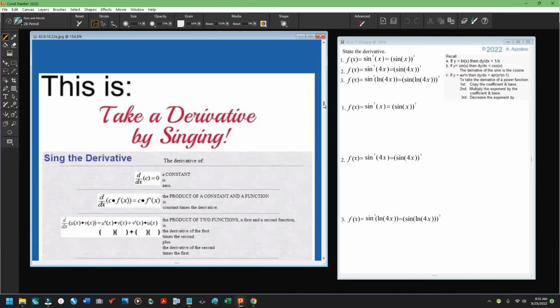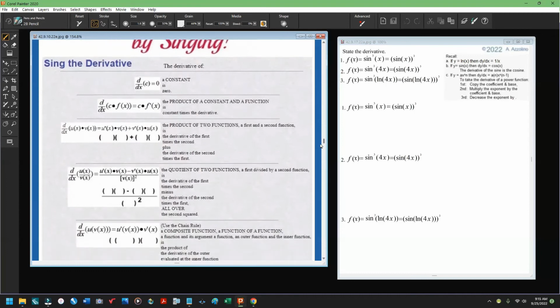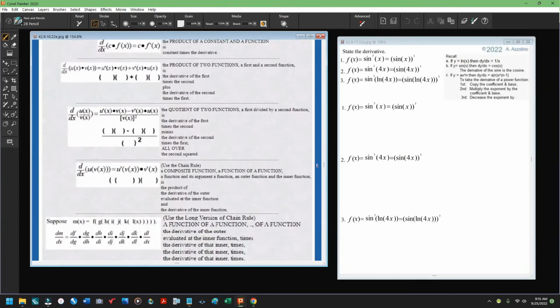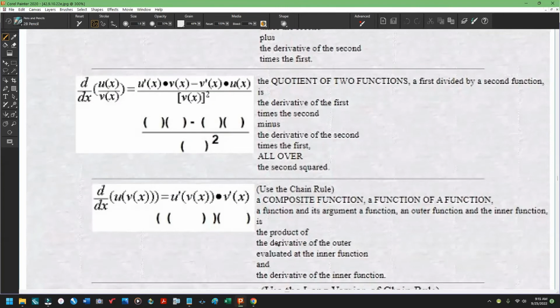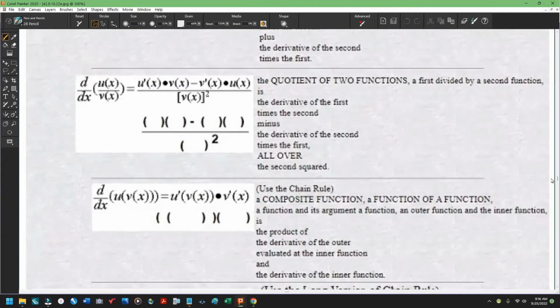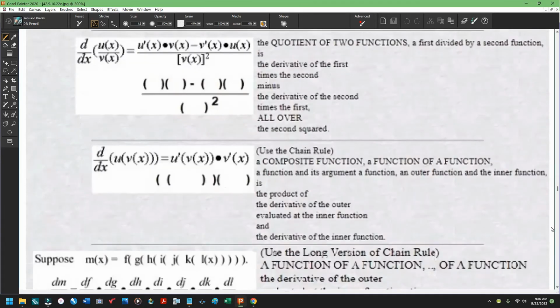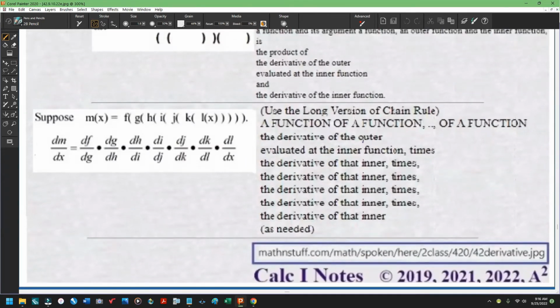Now let's do the longer chain rule. The derivative of, let's make it even bigger. The derivative of the outer evaluated at the inner. That's the regular song that you remember.